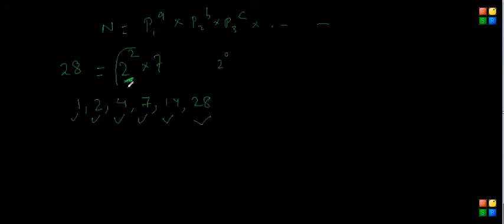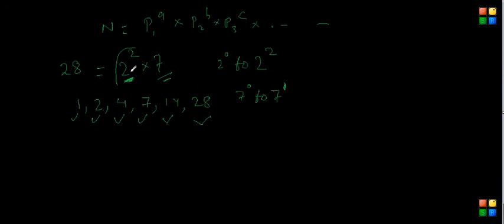For the first prime number, I can vary from 2 to the power 0 to 2 to the power 2, while for the second prime number, I can do that from 7 to the power 0 to 7 to the power 1.